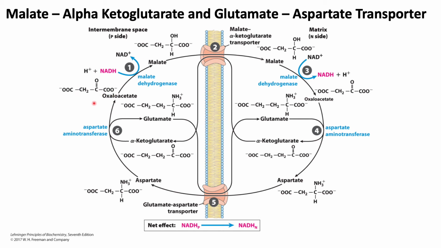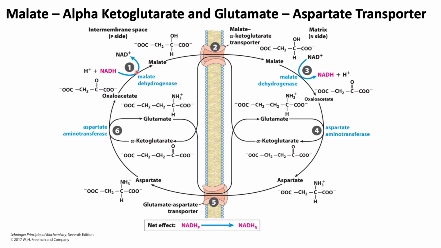So the NADH that is produced by glycolysis is unable to cross the inner membrane of the mitochondria because NADH is a relatively very large molecule and it is impermeable to the dense inner membrane of the mitochondria.